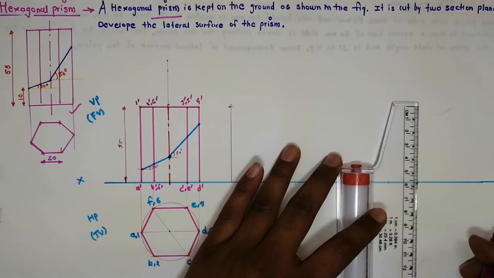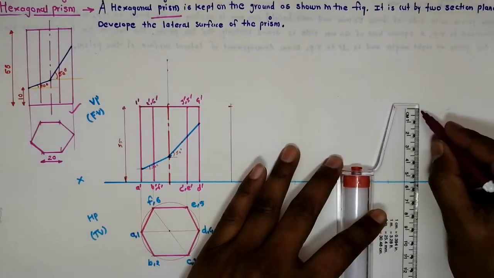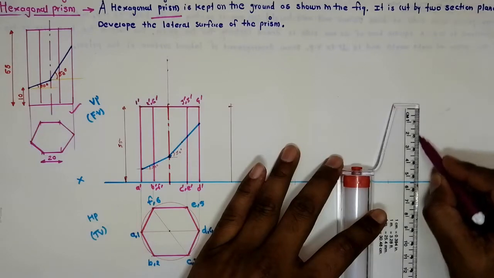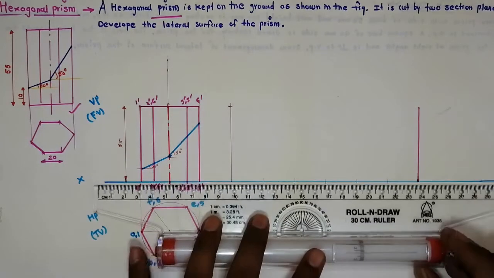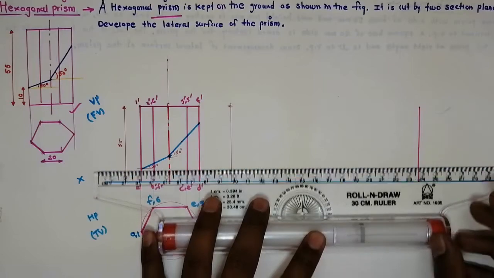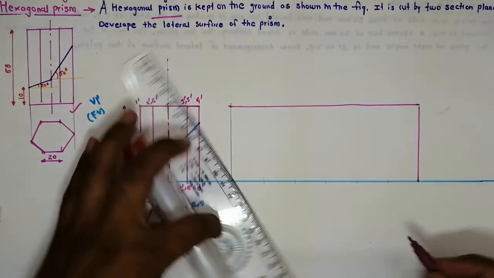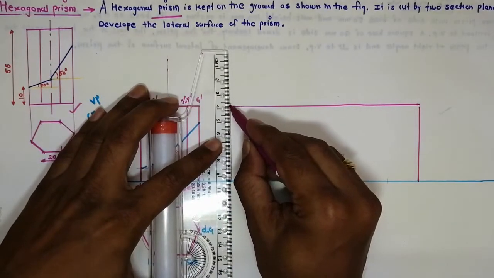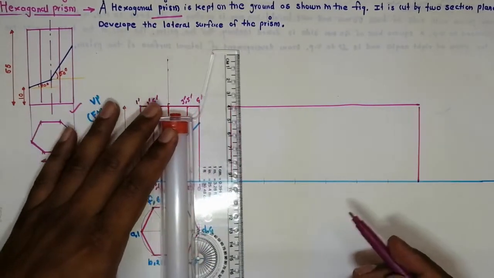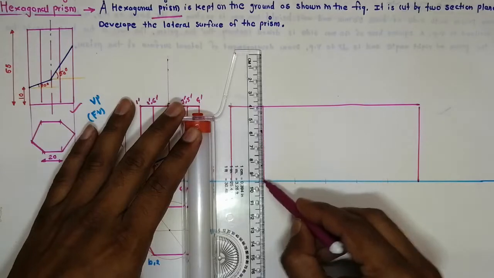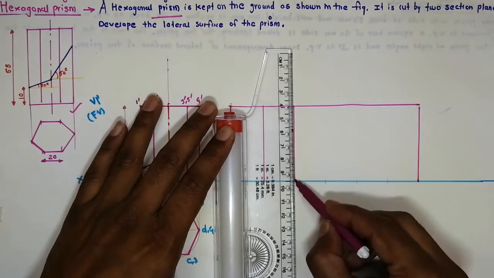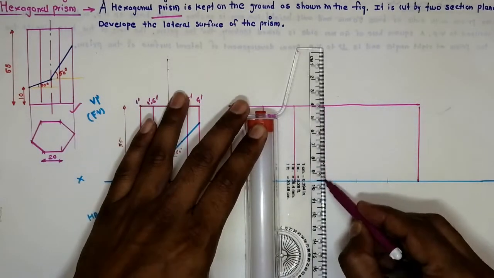So this is 55 here. Okay, and then complete this development. So this is the parallel line development, 6 rectangles.